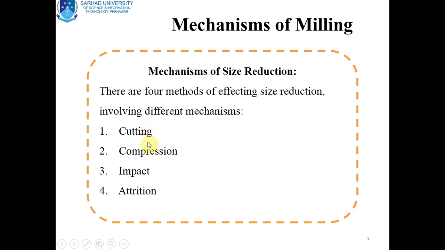Either of the mills for reducing the particle size of material will involve either of these four mechanisms, which may be one mechanism in the particle size reduction using the mill, or a combination of mechanisms for reducing the particle size to the desired level.